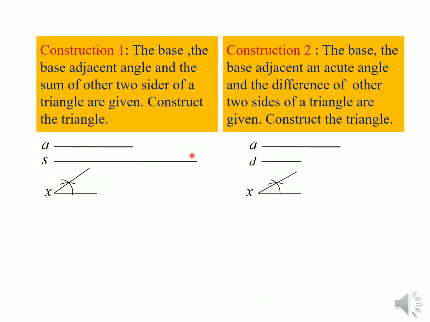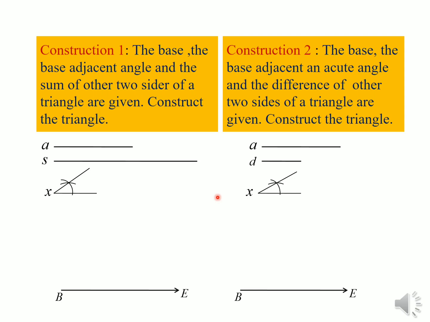And in 2, base a, the difference of the other two sides D, and the base-adjacent acute angle X, these three are given. So in 1 and 2, two things are common: the base and the base-adjacent angle. But in 1, the sum of the other two sides is given, and in 2, D is the difference of the other two sides. So now we will start together.